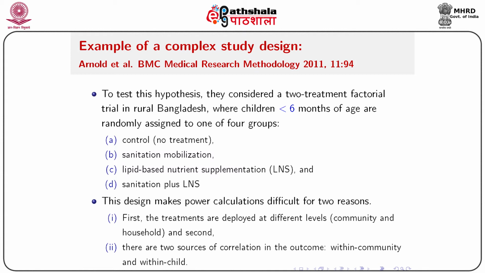This design makes power calculation difficult for 2 reasons. First, the treatments are deployed at different levels, community and household levels, and second, there are 2 sources of correlation in outcome, within community and within child.